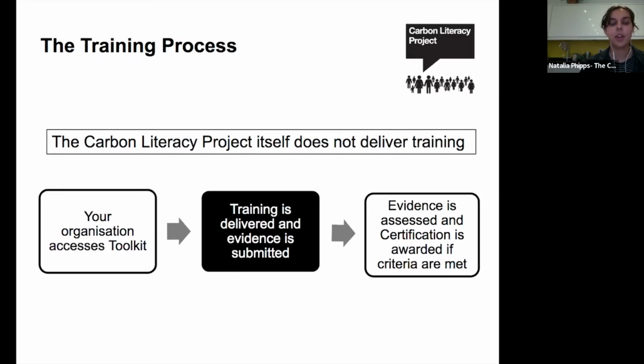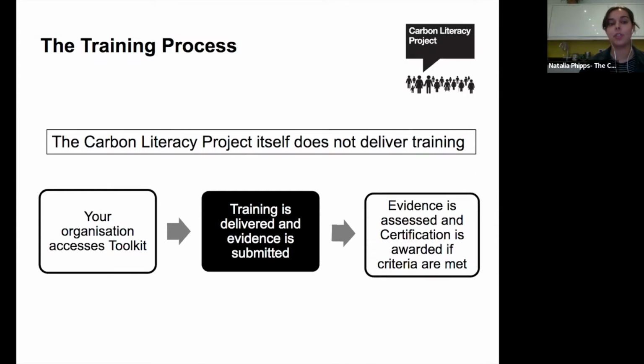The way this works in terms of using this Museums Toolkit is that any UK museum can access the toolkit. It's been created and designed by us to be delivered by any member of your organisation, regardless of carbon literacy training experience. You don't have to be a certified trainer to deliver carbon literacy training.